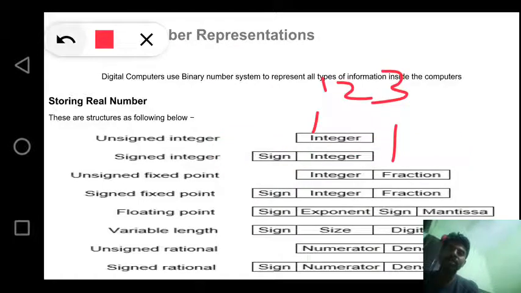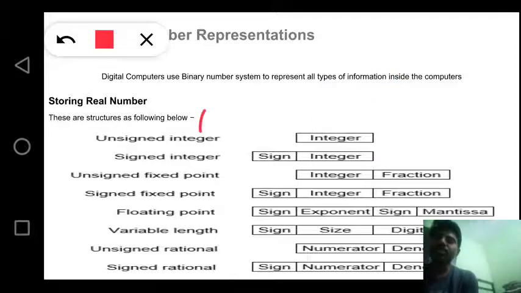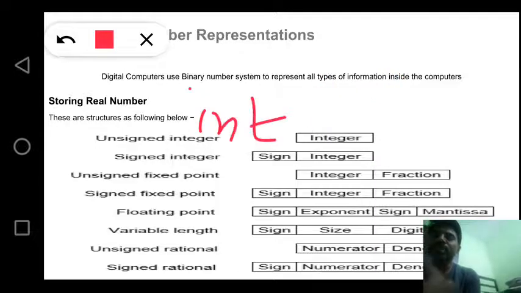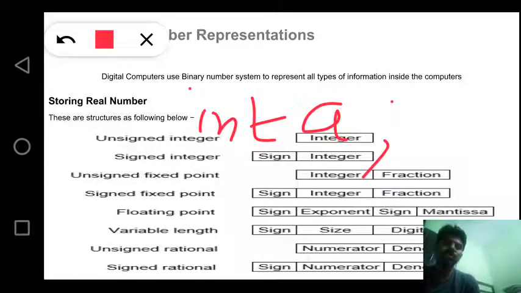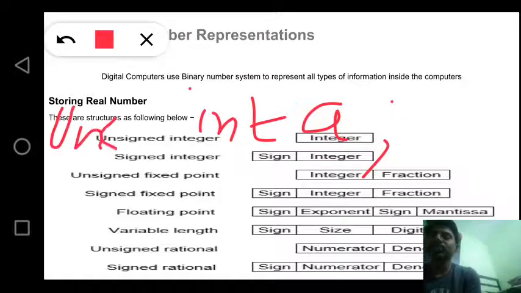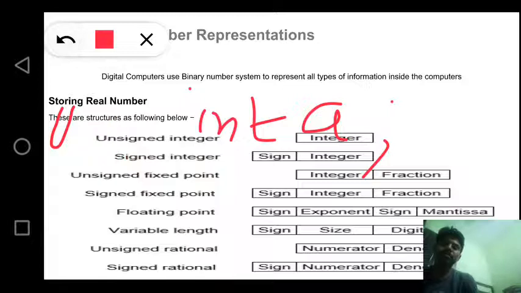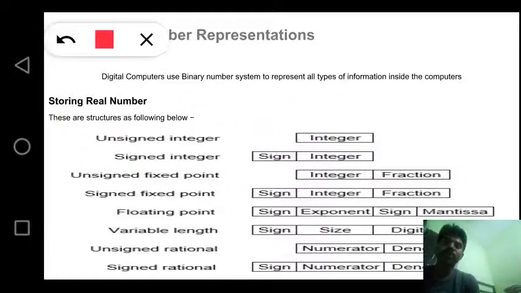So remember, in C language or any programming language, if you say int a is equal to 0, by default it is a signed integer. If you want to specifically represent an unsigned integer, you have to add the word unsigned. Then which is better, unsigned or signed? That depends upon your requirement.